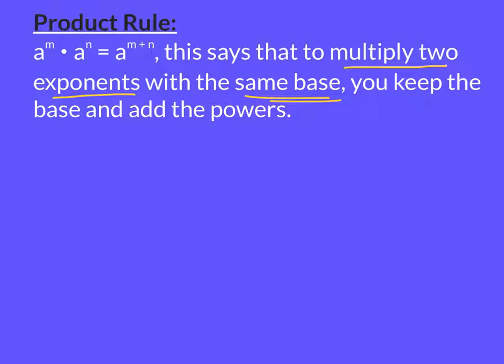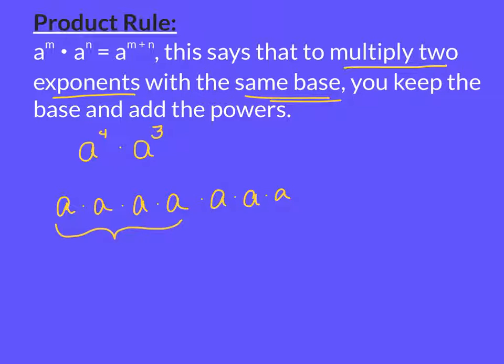So let's look at why this works. a to the fourth power times a to the third power. a to the fourth power, we should know, is a times a times a times a, four of those a's, times a times a times a. There's your three a's.